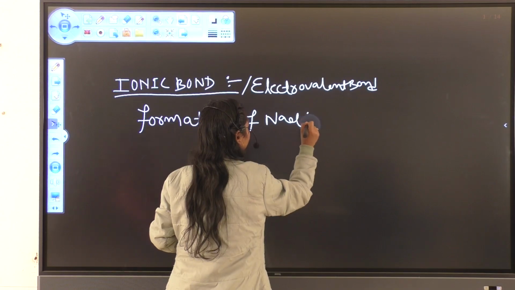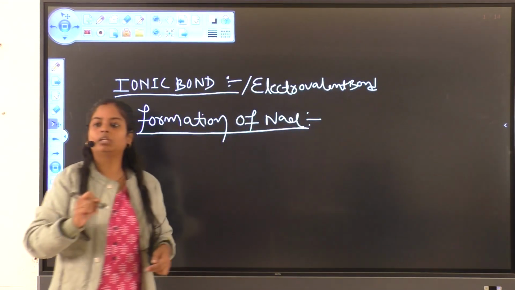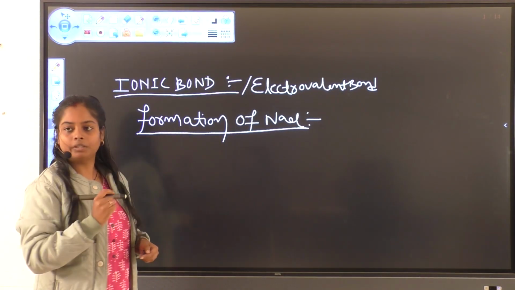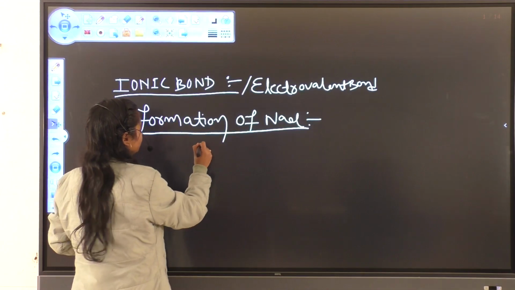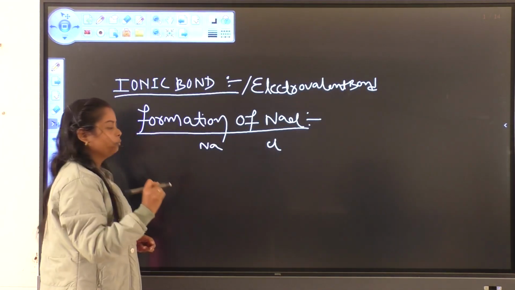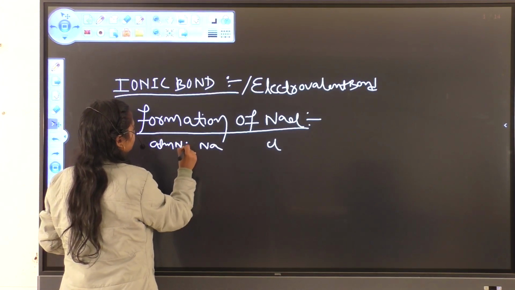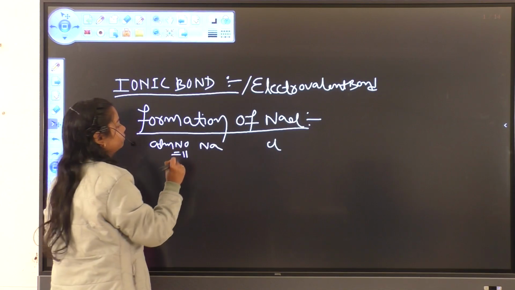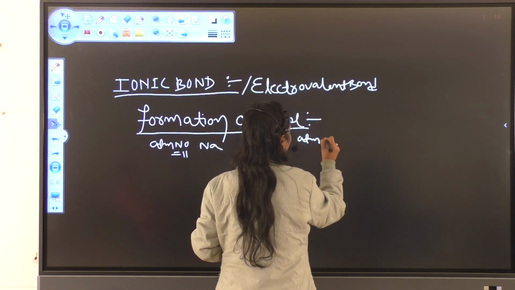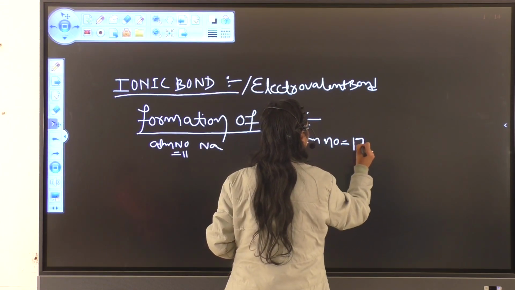Before going to the formation of sodium chloride, we have to know the atomic number and the electronic configuration of both the sodium and the chlorine atom. The atomic number of sodium is 11 and the atomic number of chlorine is 17.